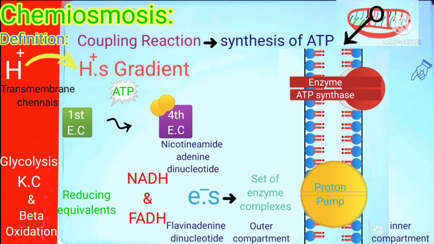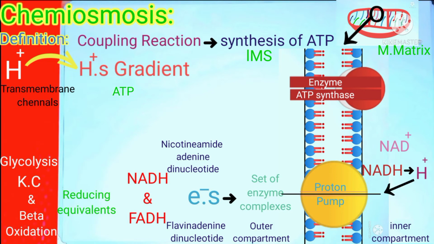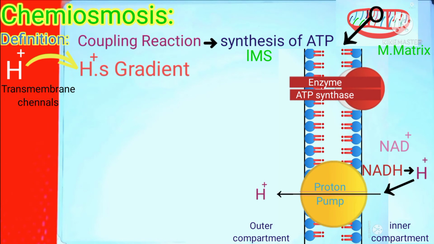Here is the mitochondrial matrix, whereas this is the intermembrane space. When NADH, the reduced form, donates its proton, it attains an oxidized form, that is NAD+, and this proton travels from this proton pump and enters into the intermembrane space.